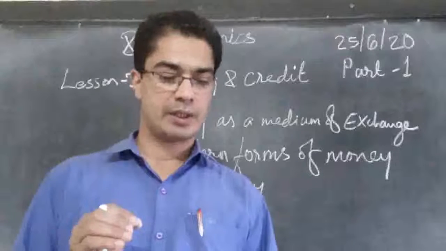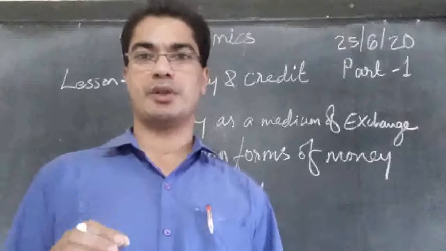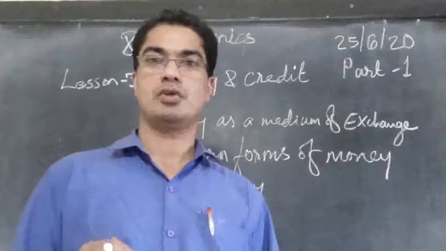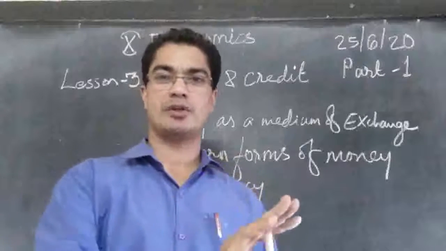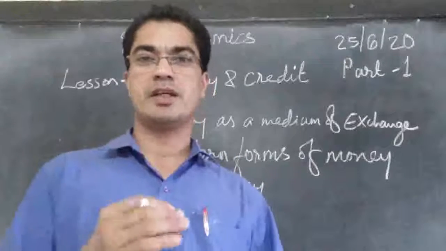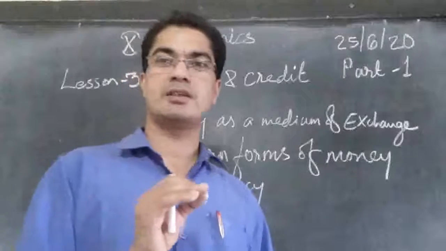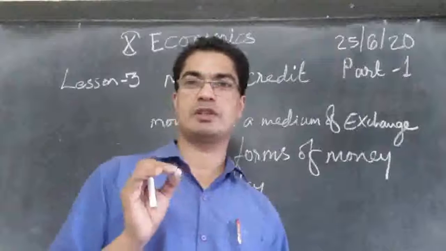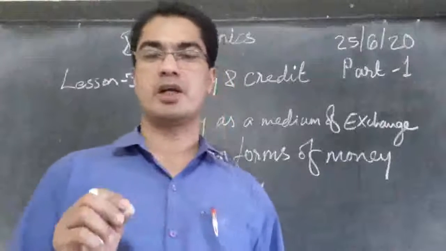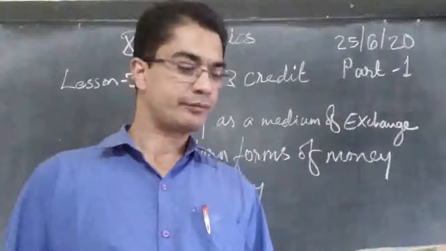It is guaranteed by the government of India. So nobody can say this money I will not take. If it is a fake note, then they will deny it. If it is a true note, then nobody can say I will not take this one because it is guaranteed by the central government, and that is enough.